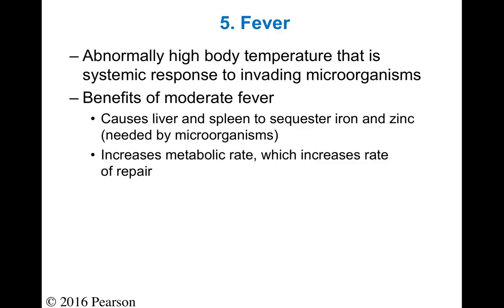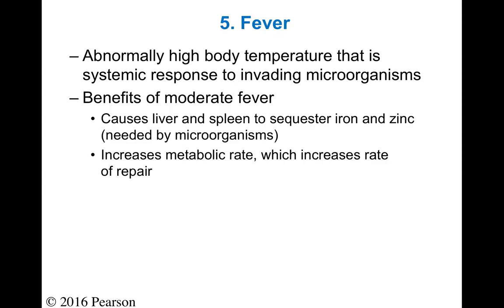But high temperature has two functions. One is that it limits the growth of the invading microorganism, because typically that means their proper, happy, moderate optimal environment has been compromised. The second thing it does is allow the liver and spleen to take in a higher concentration of iron and zinc, which are the two essential components needed for bacterial growth, for most microorganism growth.